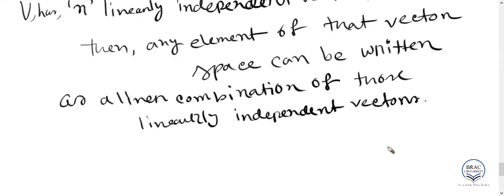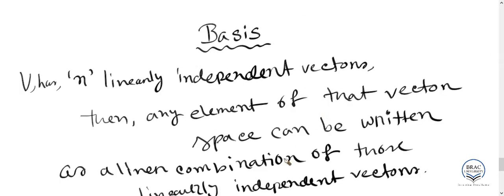A set of n linearly independent vectors in an n-dimensional space is called a basis. The reason we are calling them a basis, as we wrote earlier, is that any element of that vector space can be written in terms of those basis vectors.